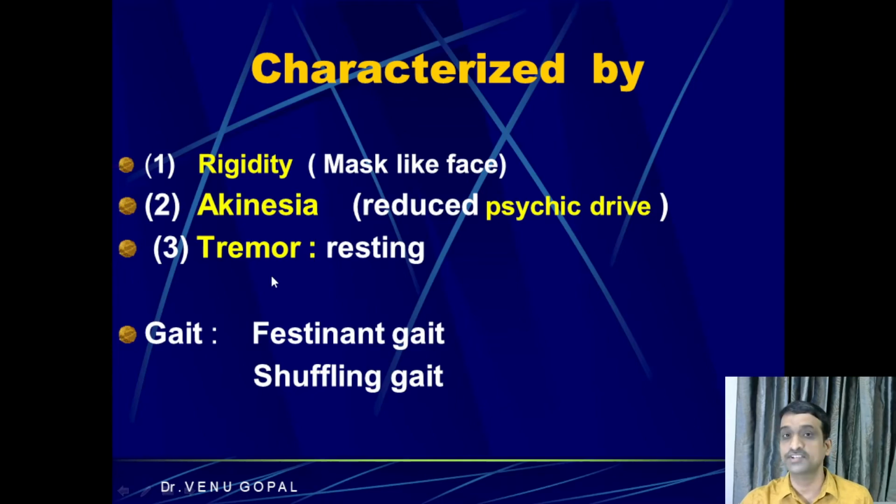Then tremor is resting tremor, compared to the intention tremor which we have seen in cerebellar lesion. This is resting tremor that is observed while the hand is at rest, with a frequency around 6 Hz. Then gait is festinant gait, which is also known as shuffling gait, with short steps as if he is falling forward, stepping forward, and no associated hand movements also. That gait is known as festinant gait and shuffling gait.